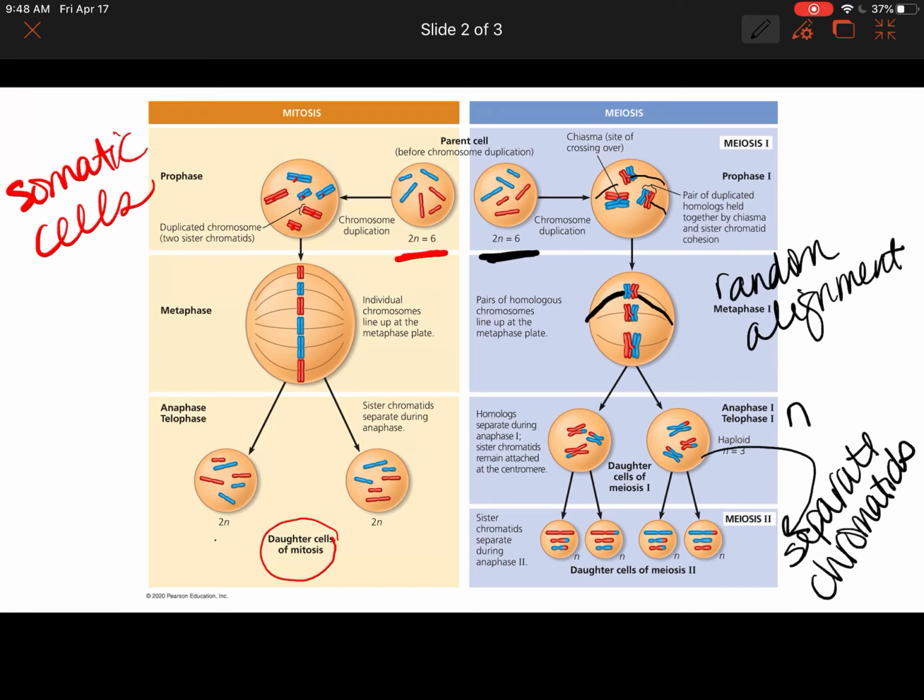Okay, and that happens during anaphase 2. Anaphase 2, because it is separating the chromatids and getting them ready to be in their own individual daughter cells, anaphase 2 is where independent assortment happens.